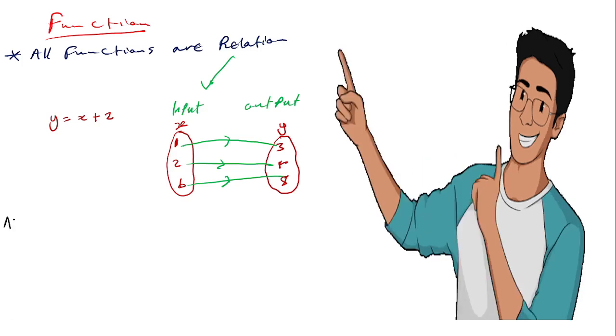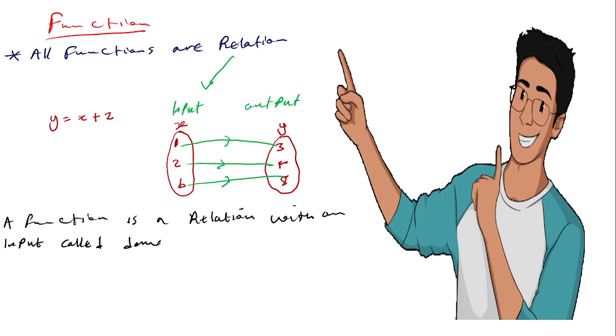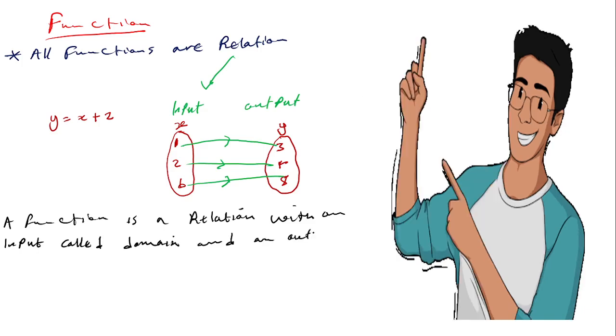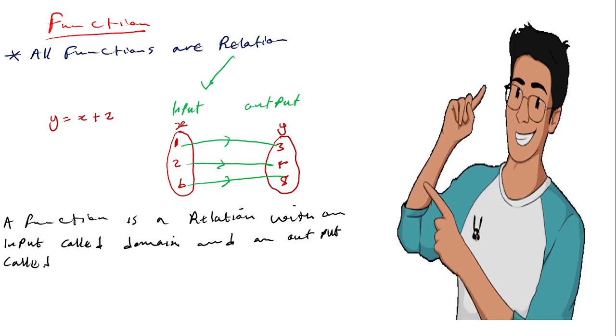So a function is a relation with an input called the domain, and an output called a range.